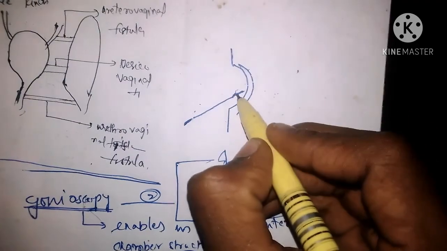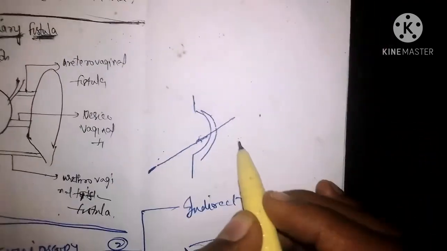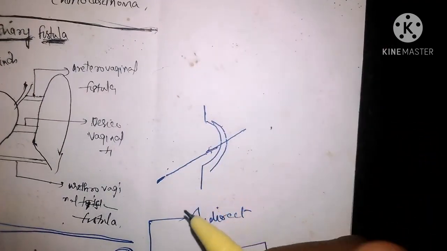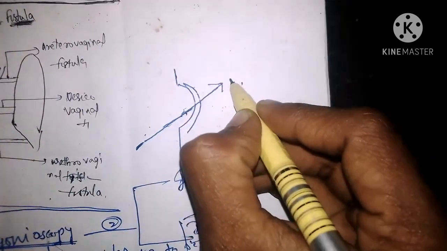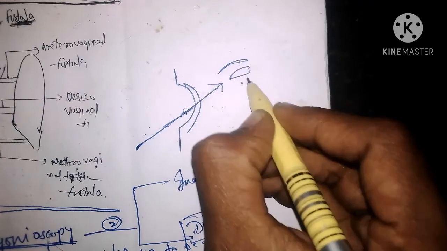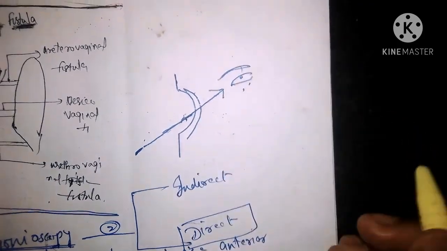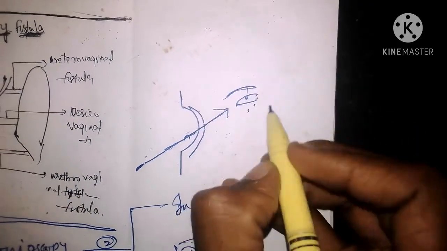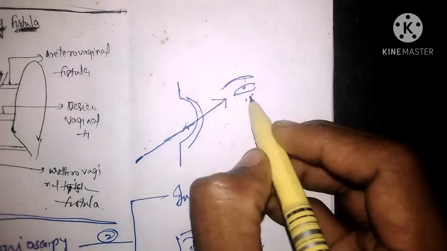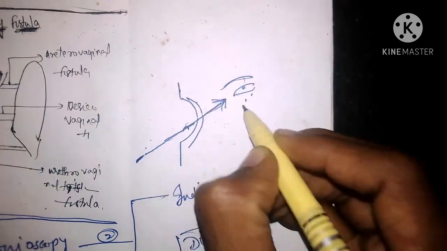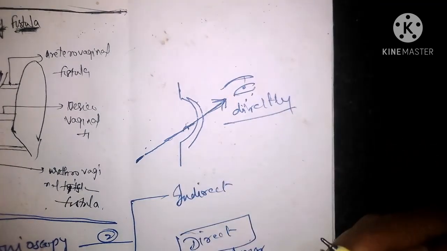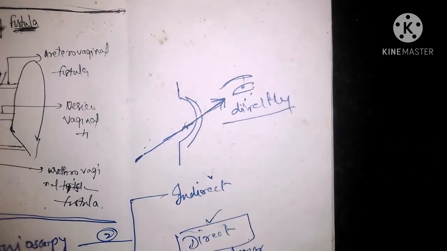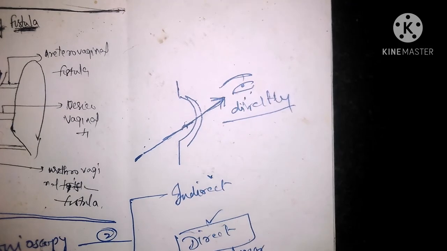After placing the contact lens, this light ray is getting out and it is visible to the ophthalmologist. Clear? So here, if the ophthalmologist sees this light ray directly, then it is direct gonioscopy.